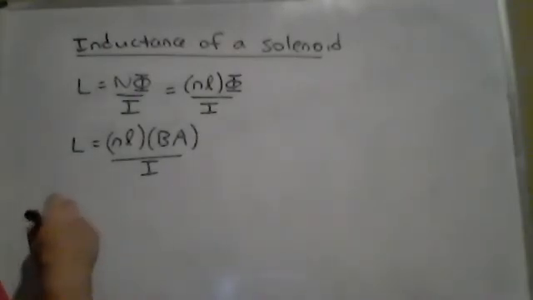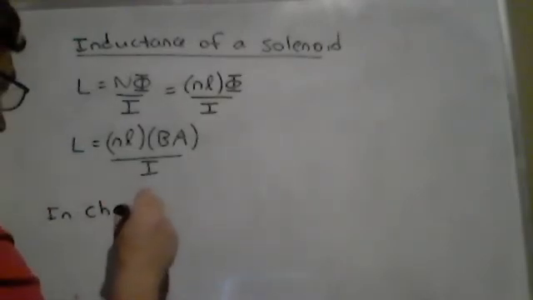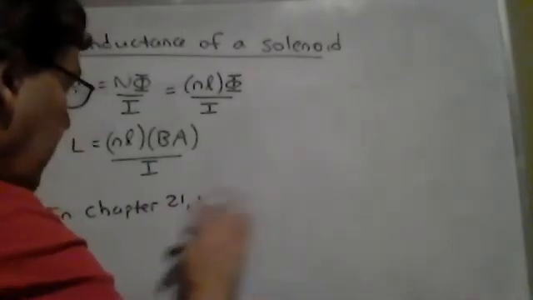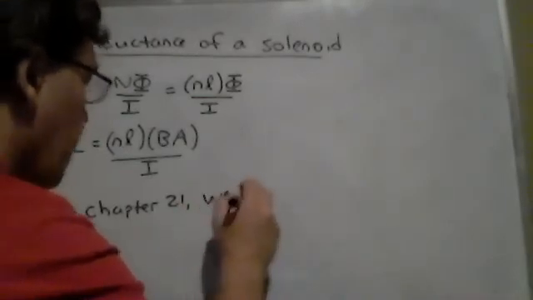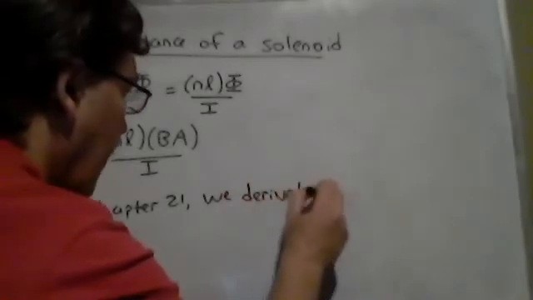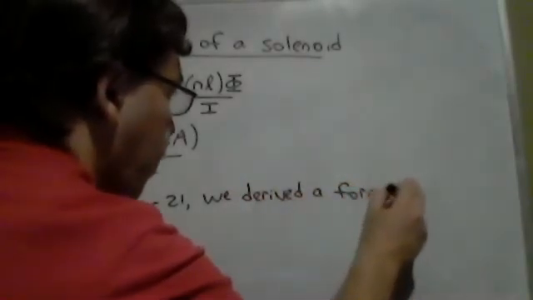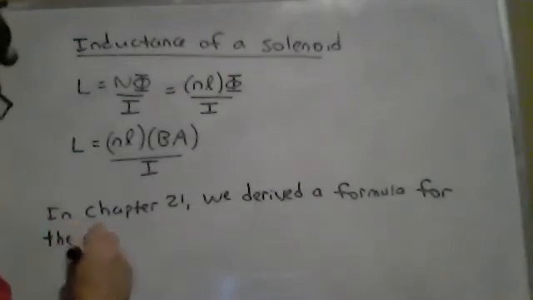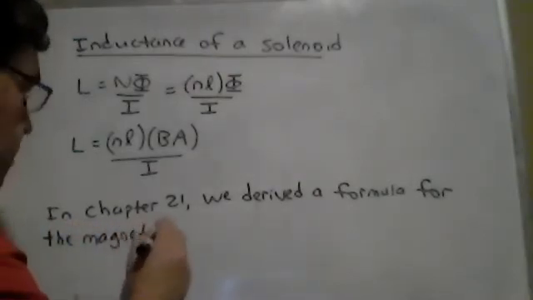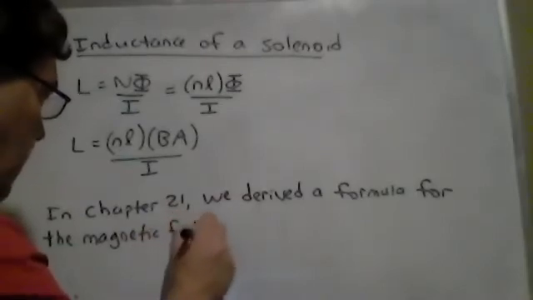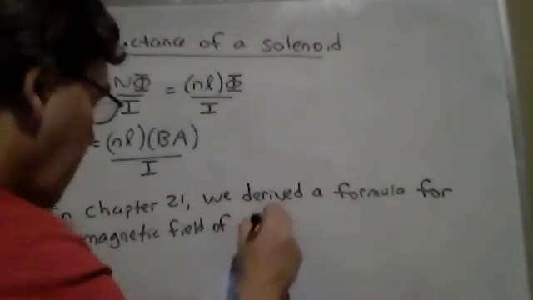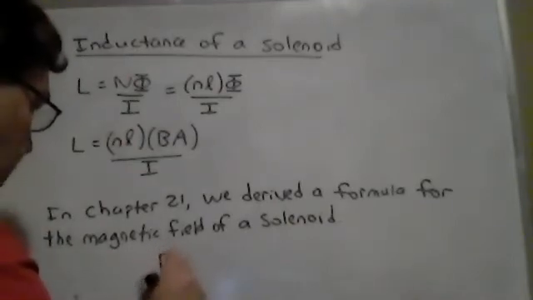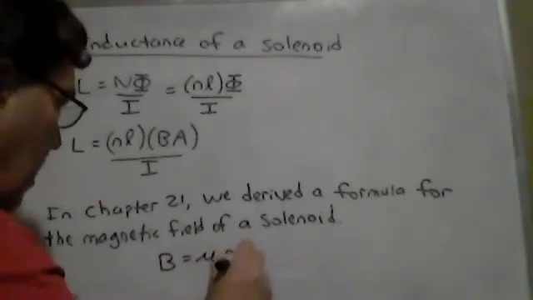In chapter 21, we derived a formula for the magnetic field of the solenoid.